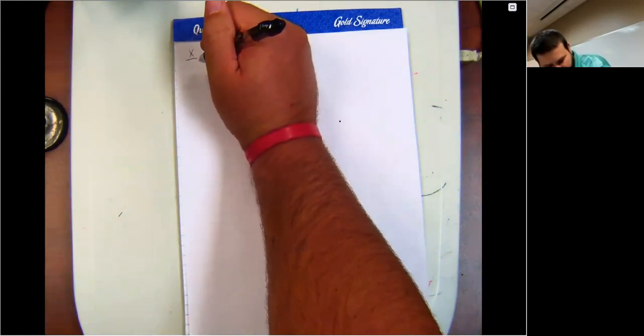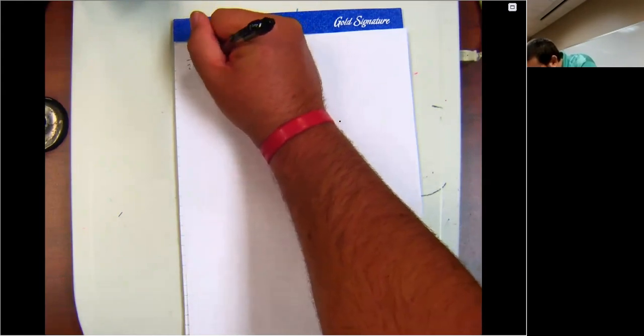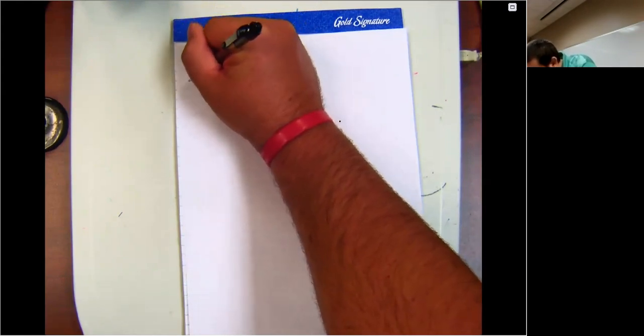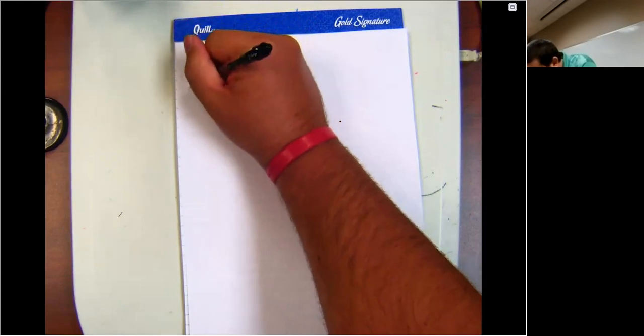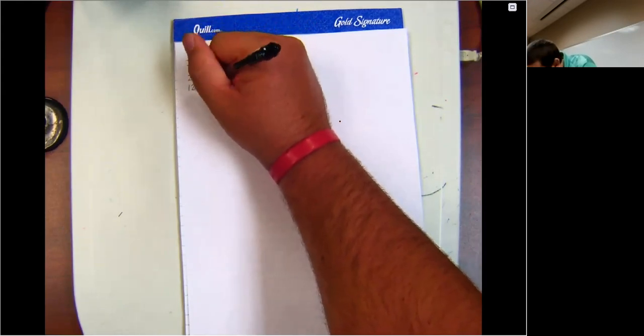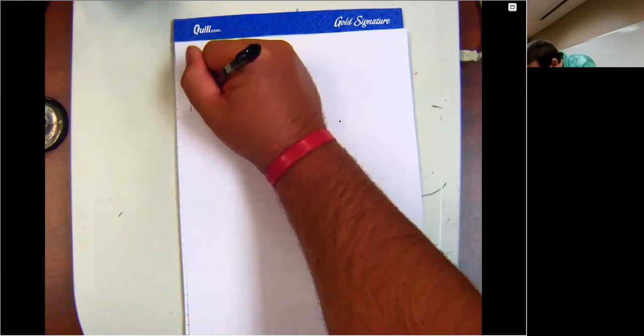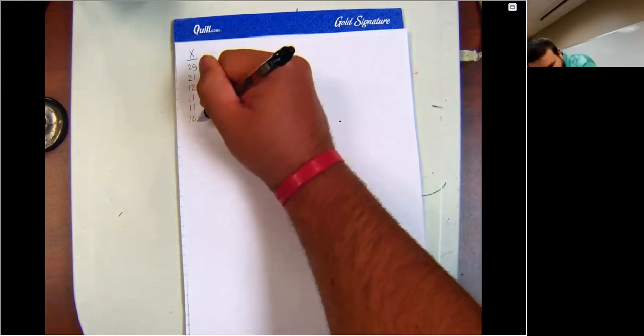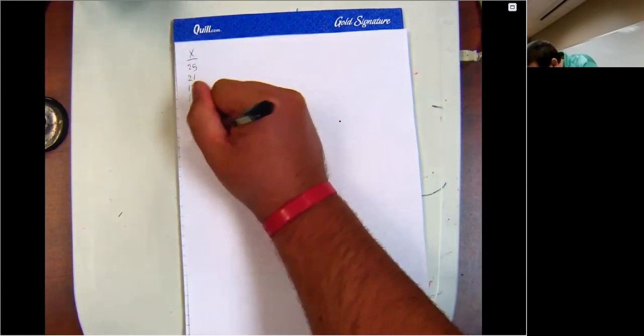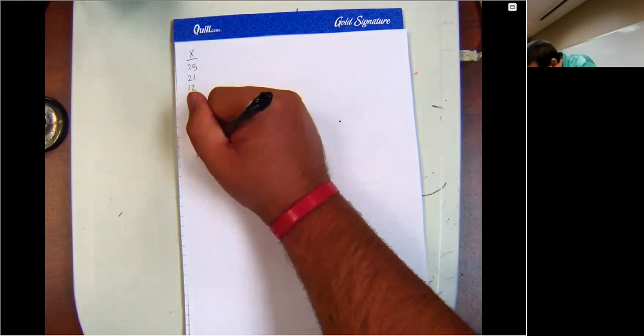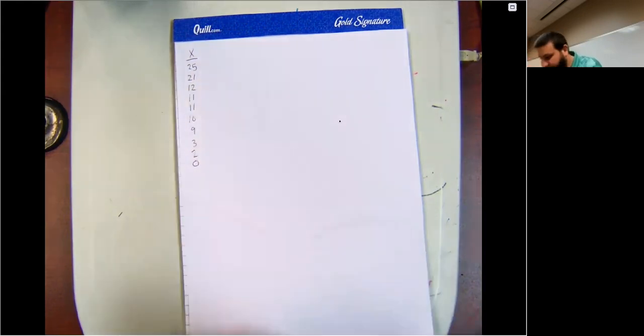The raw scores in the data set, from highest to lowest, we've got 25, 21, 12, 11, 11, 10, 9, 3, 2, and 0. And you have to include 0 because it actually is a valid data point.